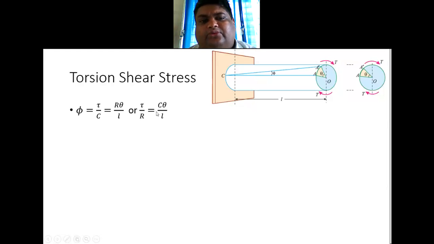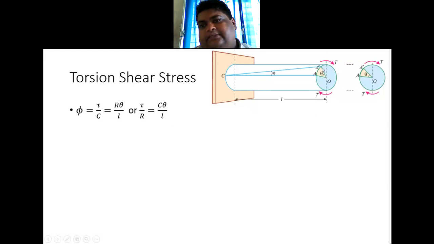In some textbooks, they also use this as G, capital G, right? So you can use both C or G, whatever. So this expression gives me the shear stress at the outermost layer, that is at the surface of the shaft. So shear stress divided by radius.